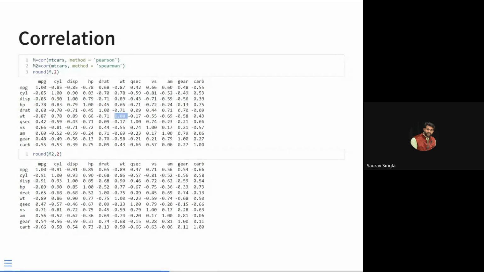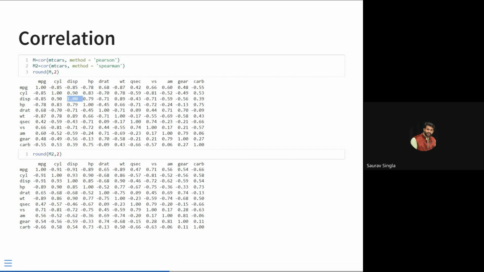Diagonal elements are 1 because the correlation of MPG with MPG is 1. Correlation of CYL with CYL is 1. So below the diagonal and above the diagonal, the values are just mirrored. If you place a mirror in place of the diagonal, then the values will fall exactly in their place in the matrix. Okay.